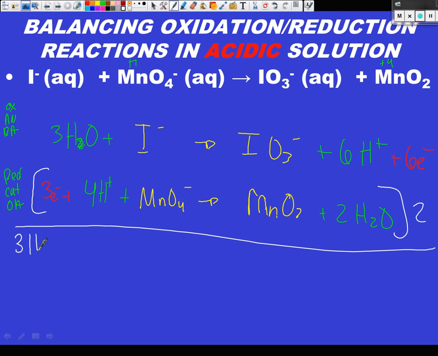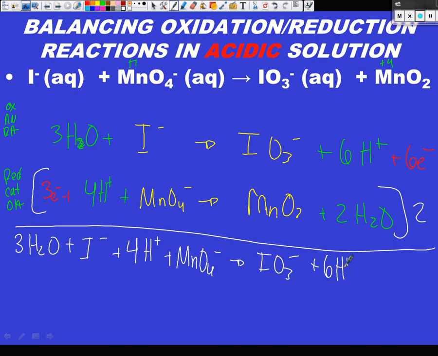So that then gives me 3 waters plus I minus plus 4 hydrogens plus MnO4 minus yields IO3 minus plus 6 hydrogens plus 2 Mn. Actually, I forgot. I've already messed this up, haven't I? Yep. All right, so let's go back in and let's throw an 8 in there and a 2 in there because I forgot to distribute.